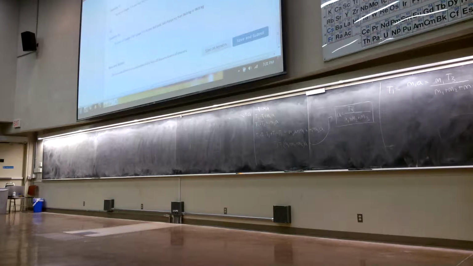The problem I'm doing is number 33 in chapter 5. The problem says this. It says an elevator cab and its load have a combined mass of 1,600 kilograms.